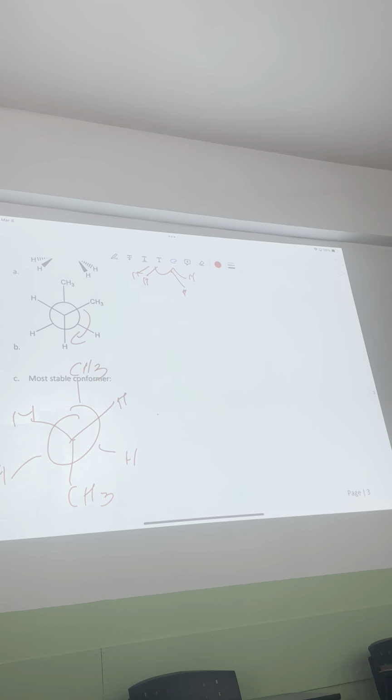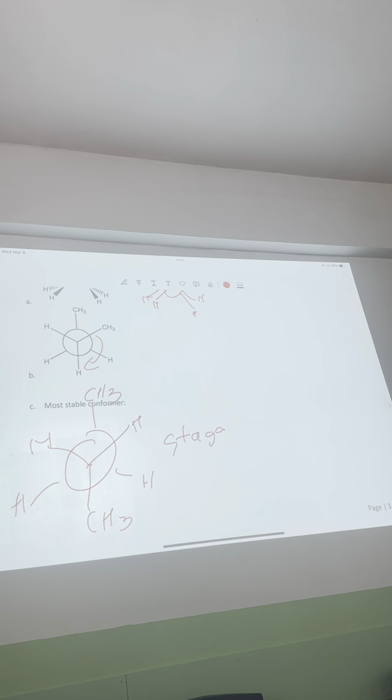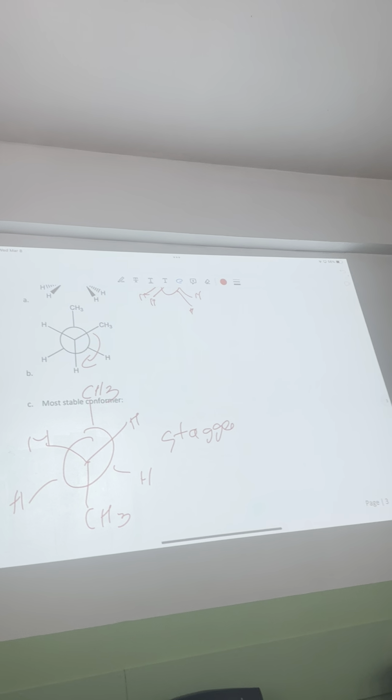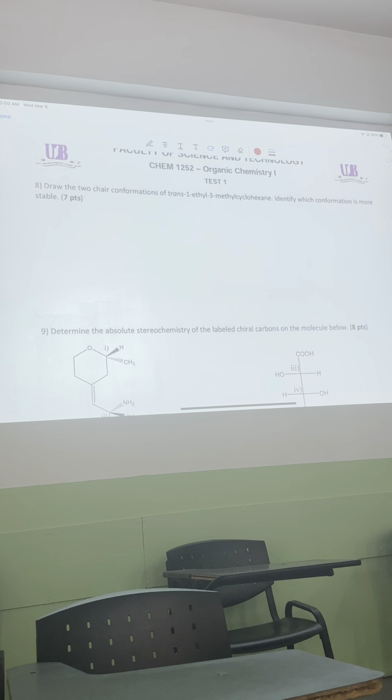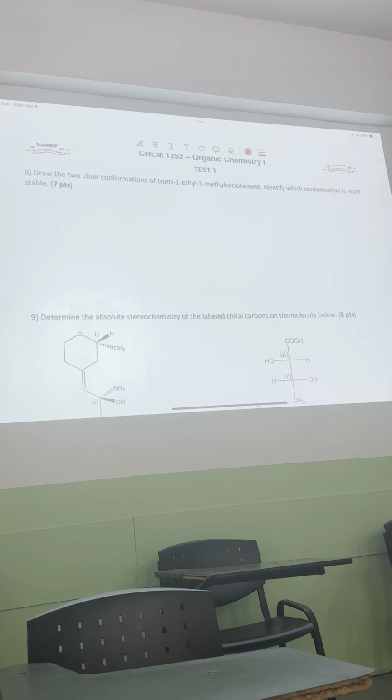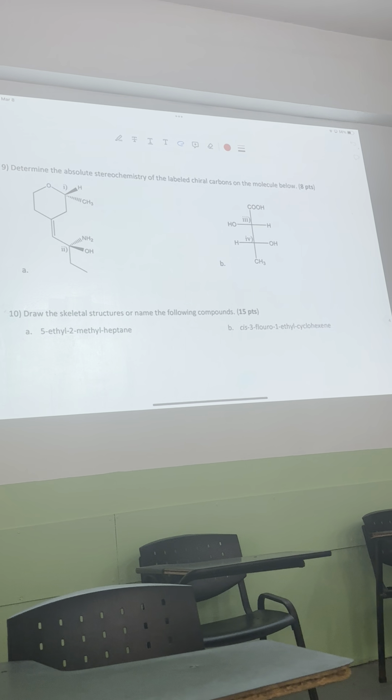So this was the staggered. And then you're supposed to draw the dash-wedge from that. I'm not going to go over it because we did those in class.